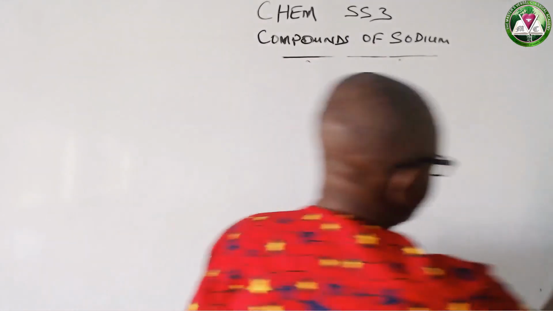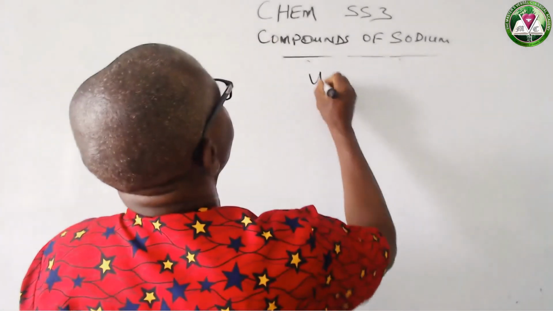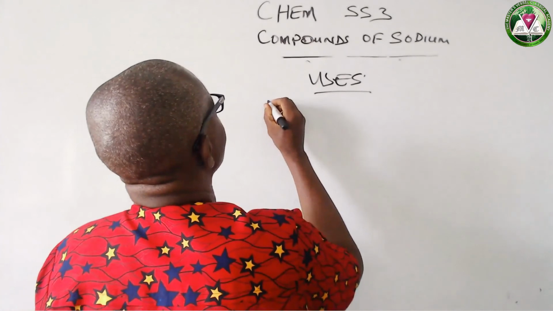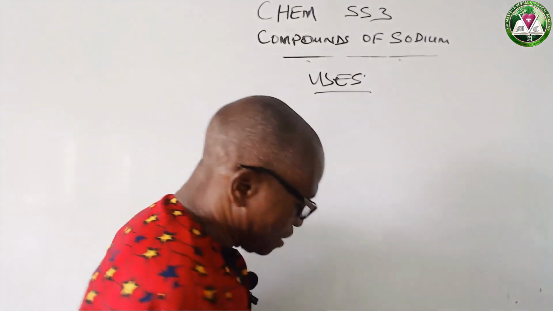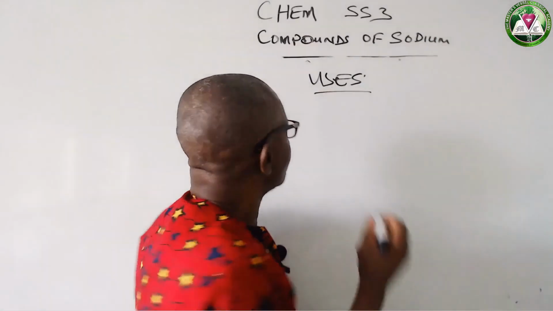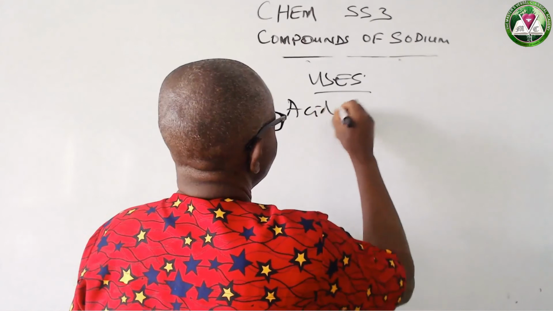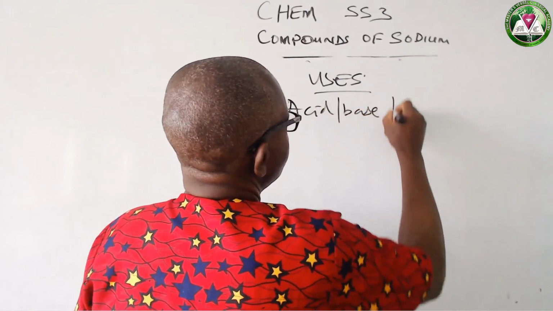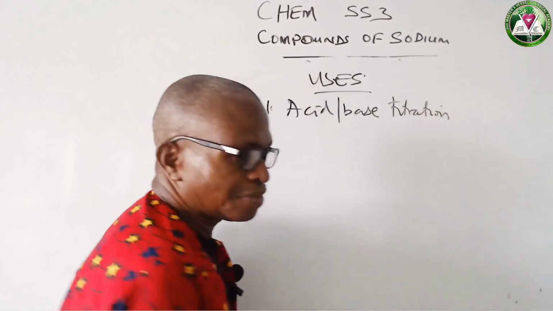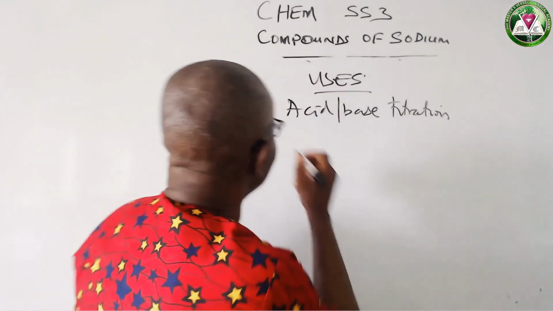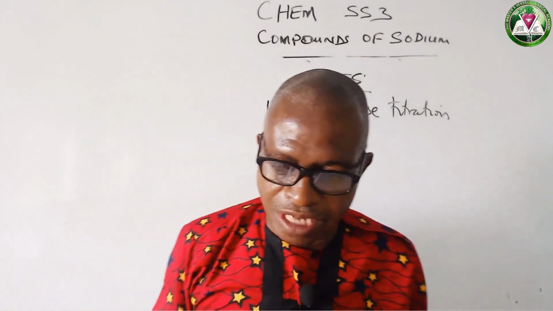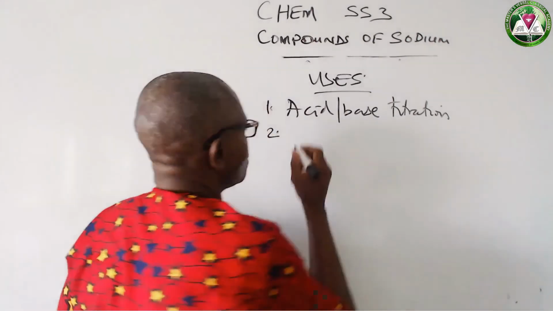Therefore, at least what should come into your mind is that sodium hydroxide is used in acid-base titration. It's in the lab. It's a lab reagent. Second, you have come across the fact that you use sodium hydroxide in the production of soap.